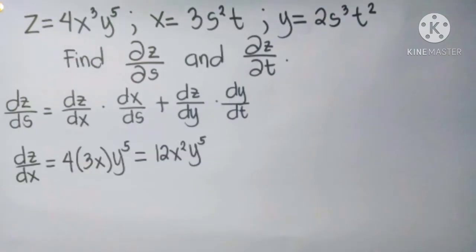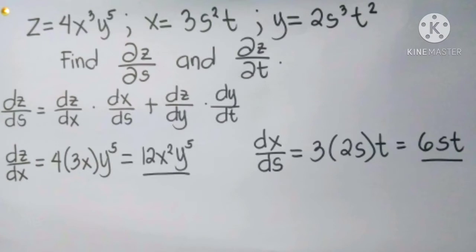First, the partial derivative of z with respect to x. We have 4 times 3x squared y raised to the power of 5, which equals 12x squared y raised to the power of 5. Then dx over ds, the derivative of 3s squared t, is 3 times 2s t, which equals 6st.